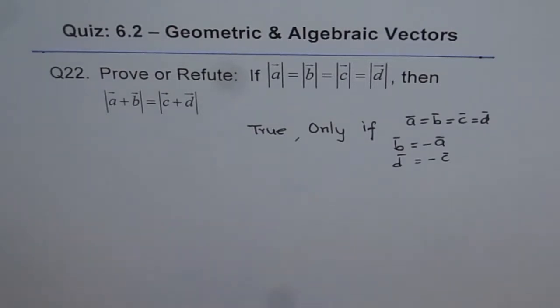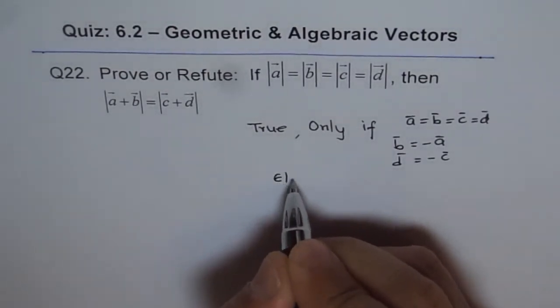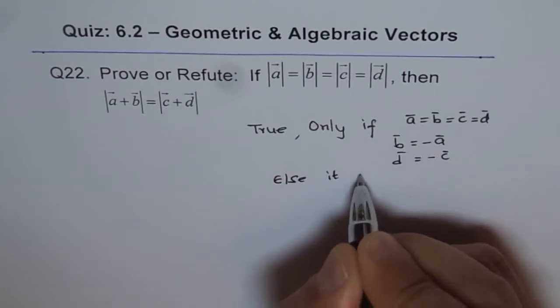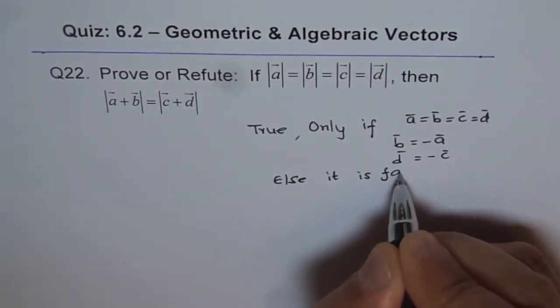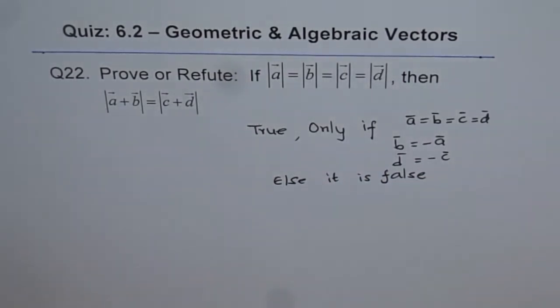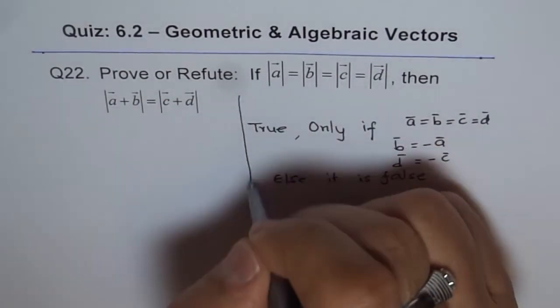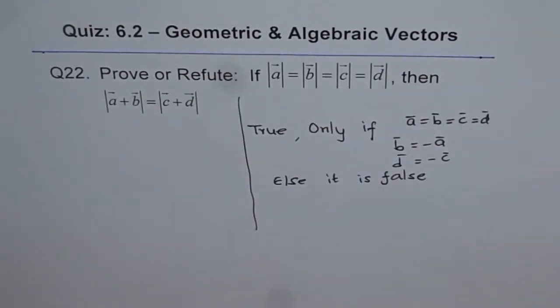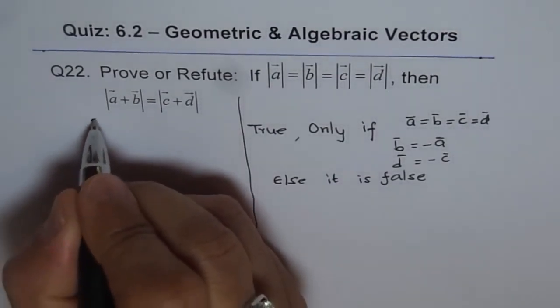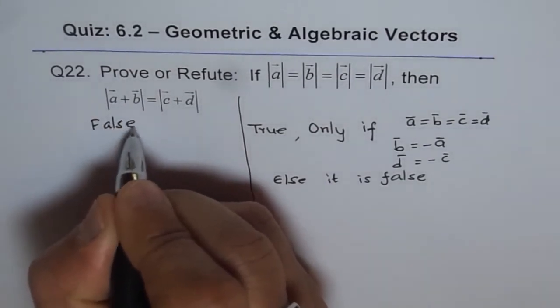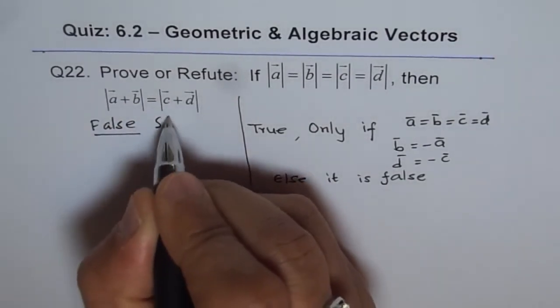Otherwise it is false. I'm just telling you this because sometimes the question could be, when can it be true? So basically we say that this statement is false, not correct.